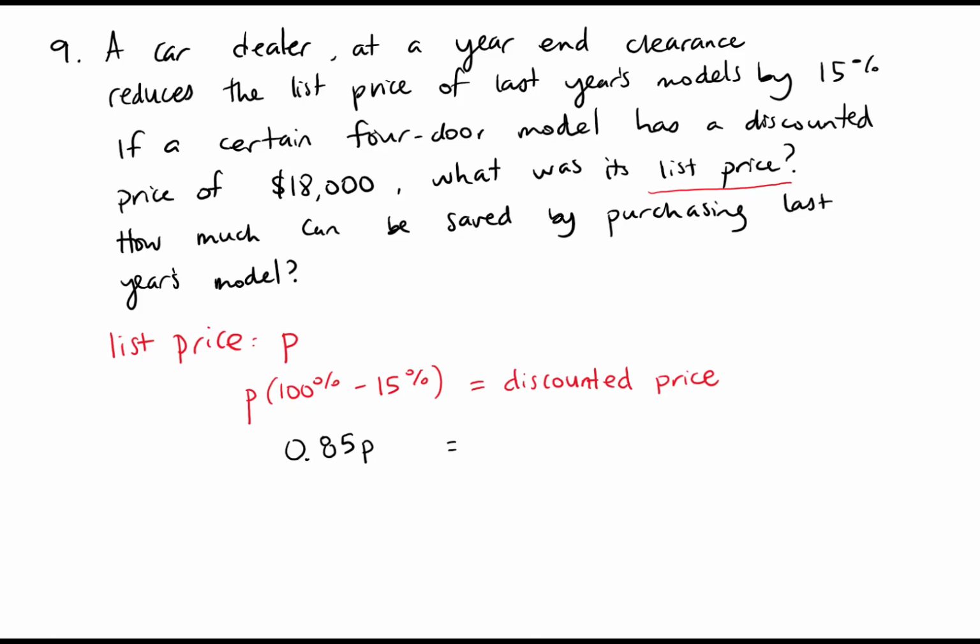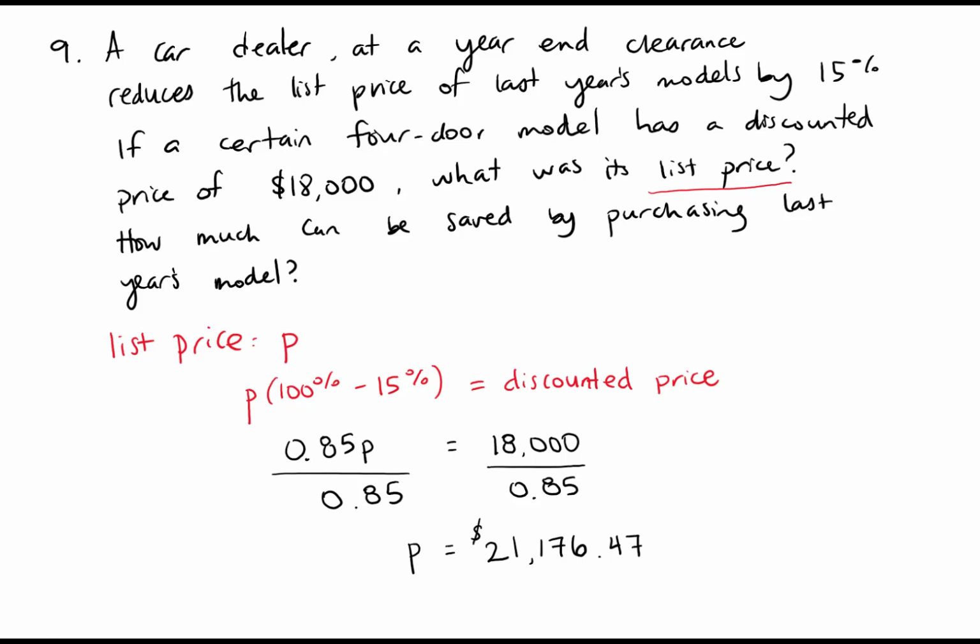In the word problem, the discounted price is $18,000. So in order to solve for P, you're going to divide both sides by 0.85. And so I'm going to say P is, and I'm not doing this in my head, my calculator did it for me, $21,176.47.